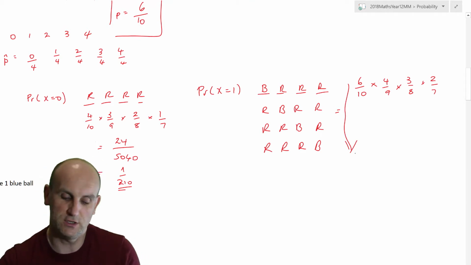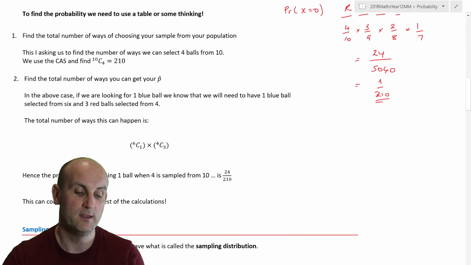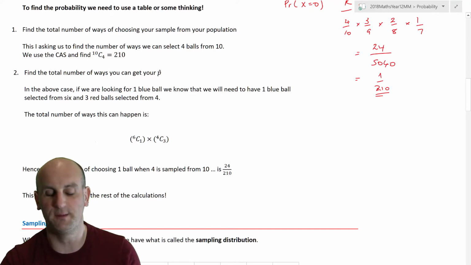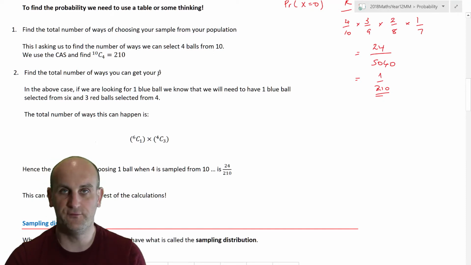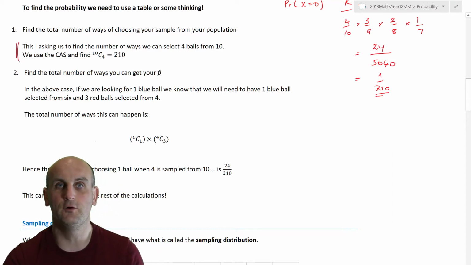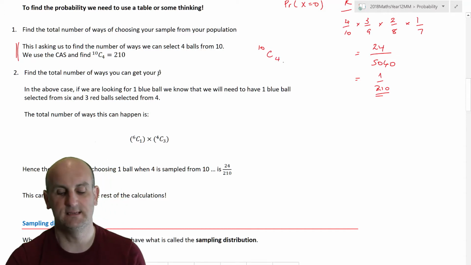But it just so happens we can use combination theory to help us with this. Now, this works very well with small samples or small populations. First, I'm choosing 4 balls out of 10. How do I do this using combinations? I can say 10C4.